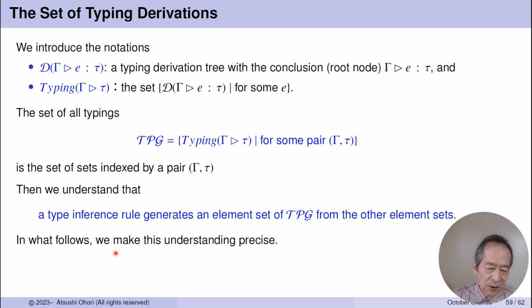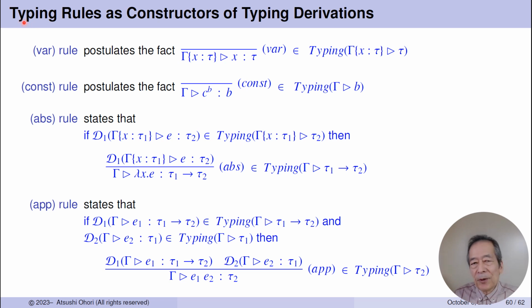In what follows, we make this understanding more precise. Namely, we interpret the typing rules as constructors of typing derivations. We have four typing rules for the untyped lambda terms, right? Two of them are axioms, the var rule and the const rule, and the other two are inference rules, the abs rule and the app rule. For the axiom, the var rule, we interpret it in the following way.